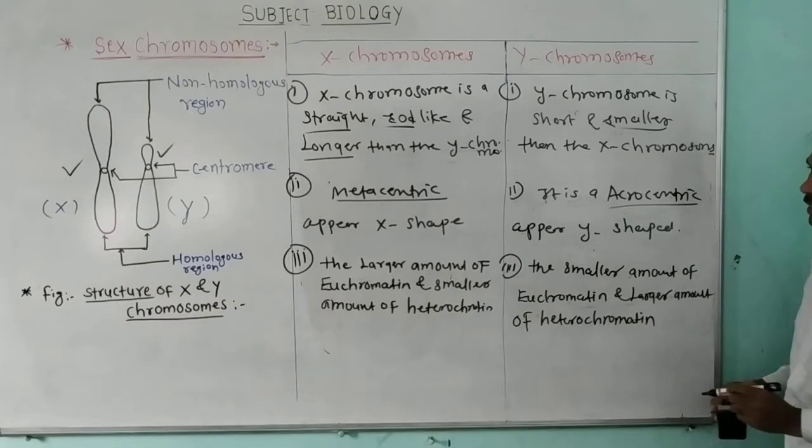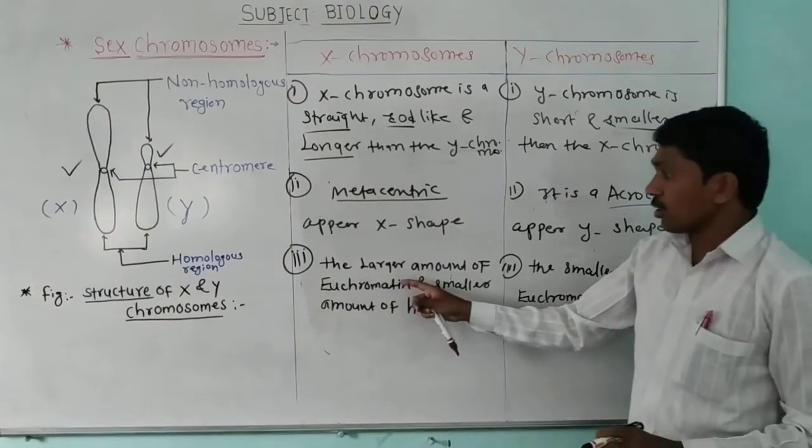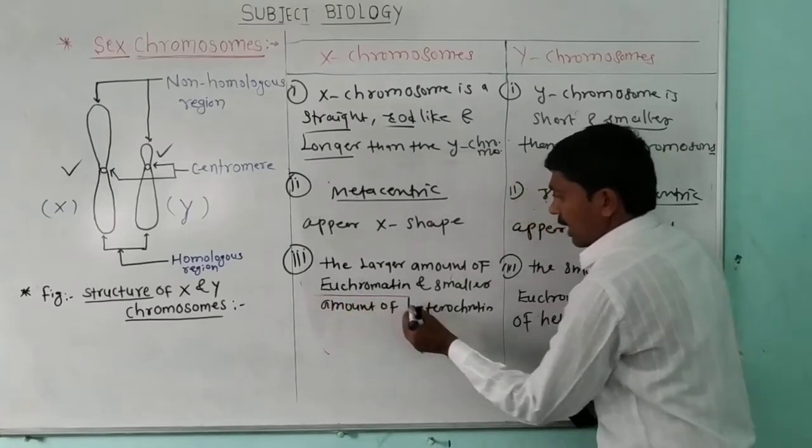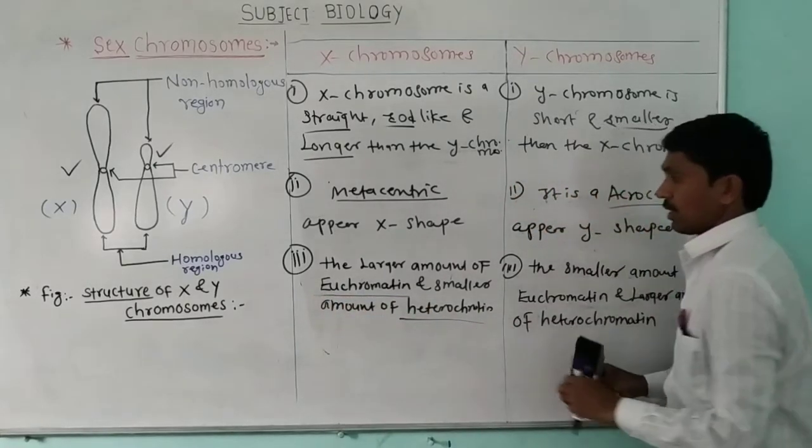So the X chromosome has a larger amount of euchromatin and a smaller amount of heterochromatin.